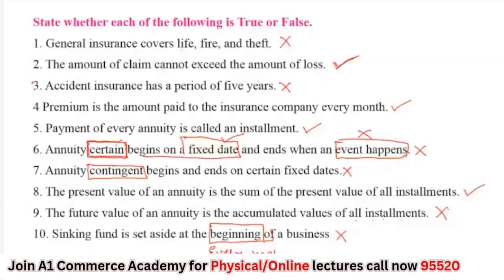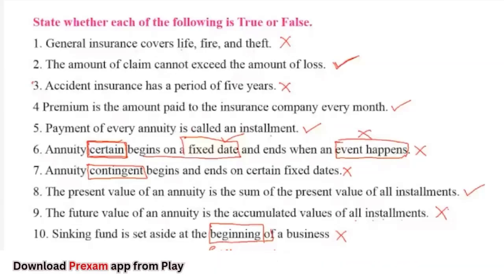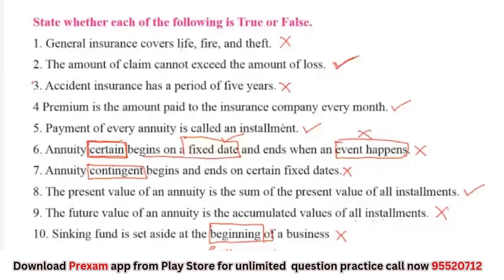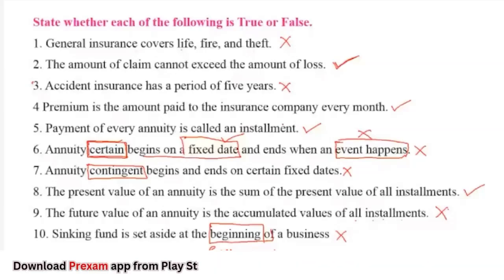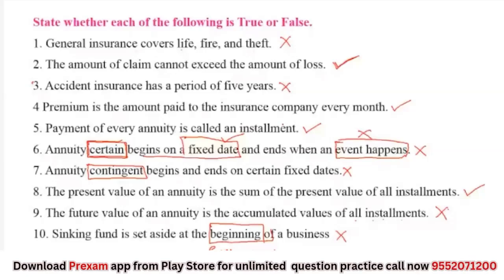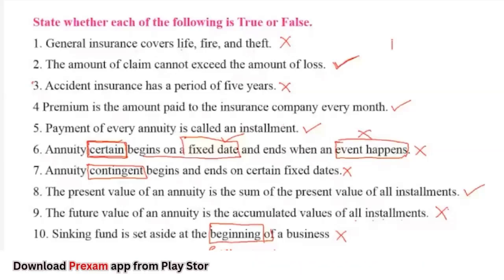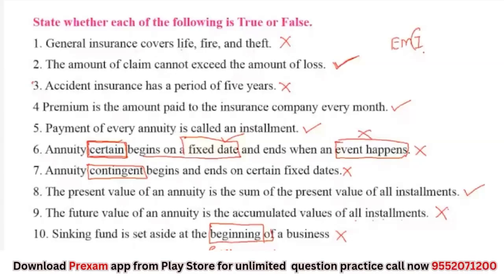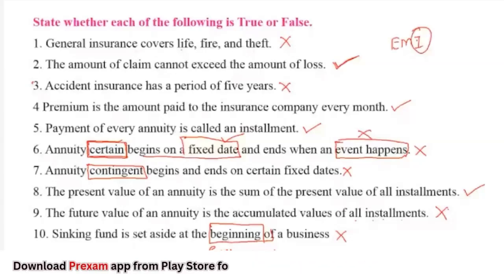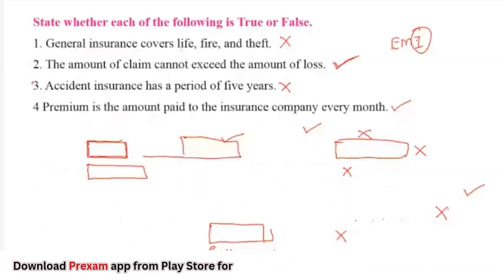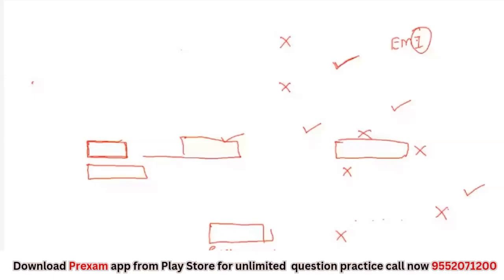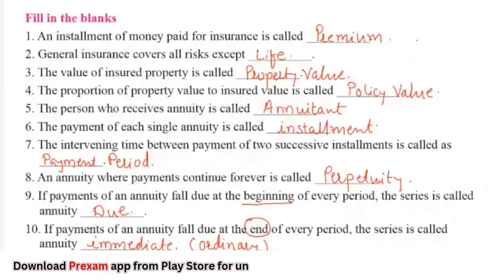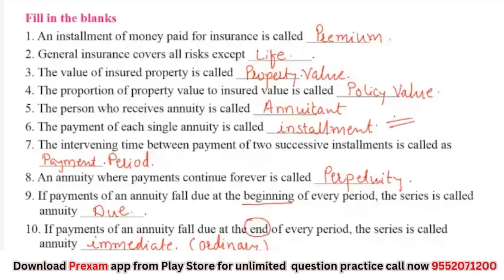Now look at then which one? Payment of every annuity is called as installment. Yes, it is installment. Fifth one. Annuity is another name, or simple word name is installment. If you are taking EMI, in this I stands for installment. Okay. Look at this question then. इधर किधर भी इंस्टॉलमेंट बोला ना हम लोग ने, here this is 6. What is the answer given in the textbook here?